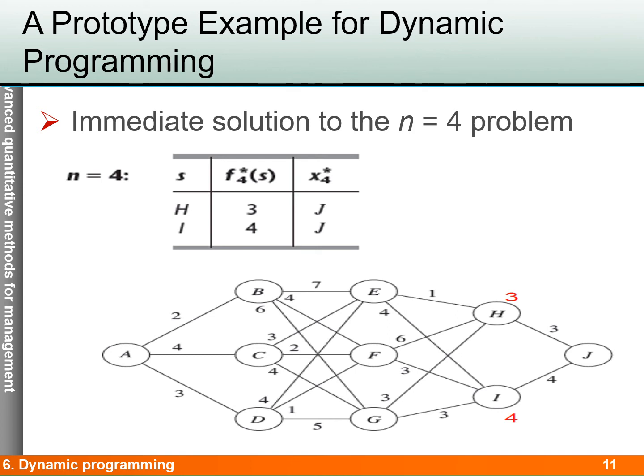As you remember, the formula was C_SXn plus F*_n+1(Xn). But as you can substitute here, if n is equal to 4, n plus 1 is equal to 5.